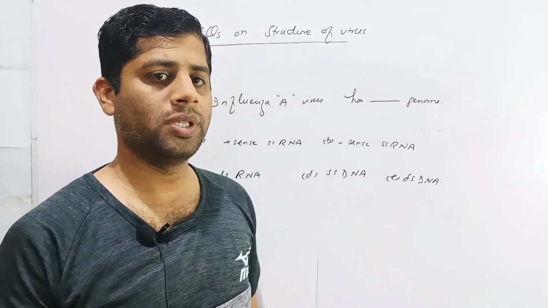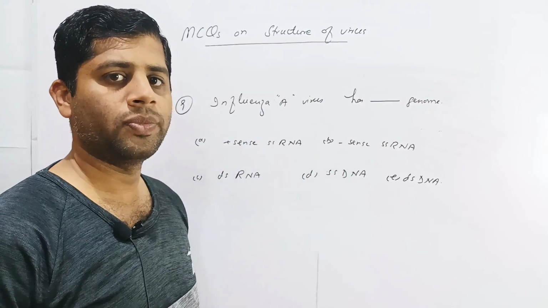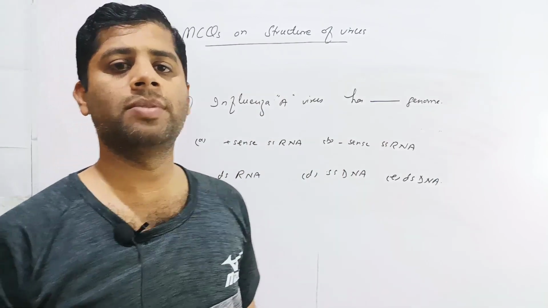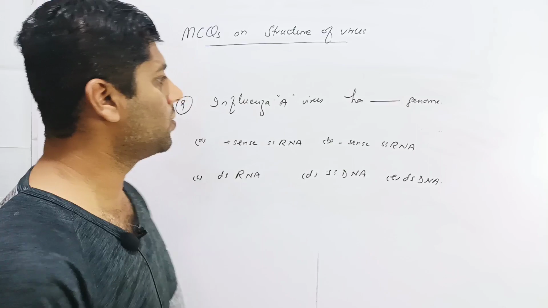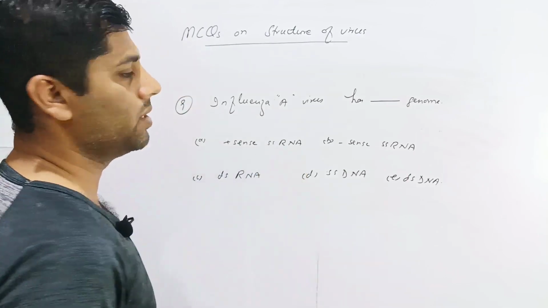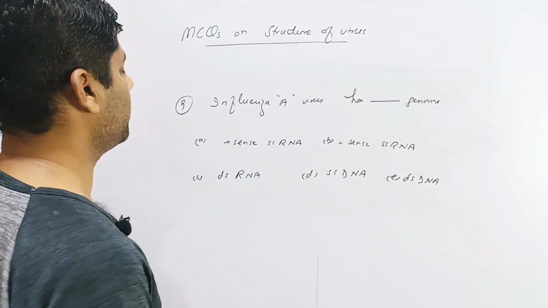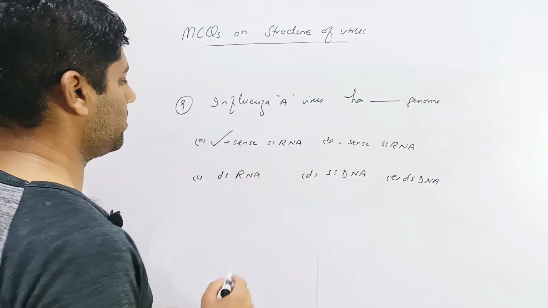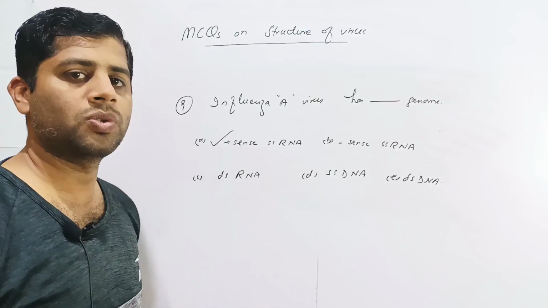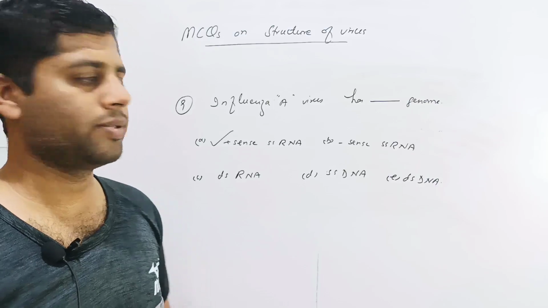First of all, you have to learn the concepts of types of viruses on the basis of their genome. There are 7 classes discussed in the Baltimore classification system. Thereafter you can learn about the genetic makeup of the viruses. So for the influenza A virus, the correct option given here is positive sense RNA. This belongs to the category of positive sense single stranded RNA viruses.